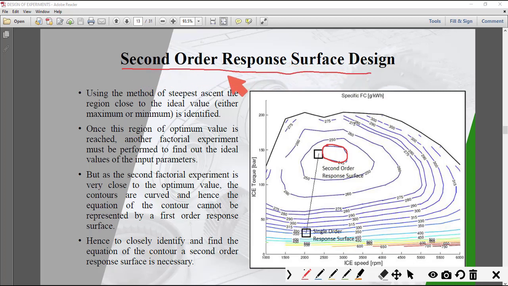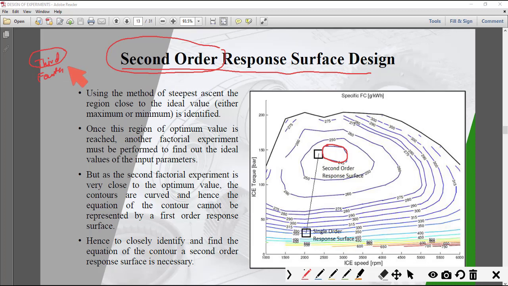Now, some of you might be thinking, why do we limit ourselves to second order, right? Why is the maximum power only 2? Why not go for third order or fourth order or higher order? See, you can definitely go for third order, fourth order, or as high an order as you like. But the experimenters found out that as you go above the second order, there is a large amount of confounding.